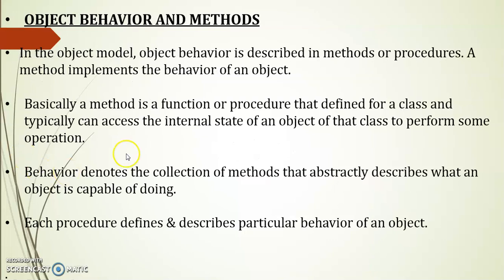Next, behaviors and methods. Behaviors denote collections of methods that abstractly describe what an object is capable of doing. That means behavior or methods define the behavior of an object.